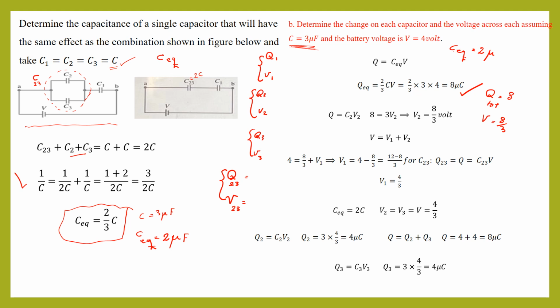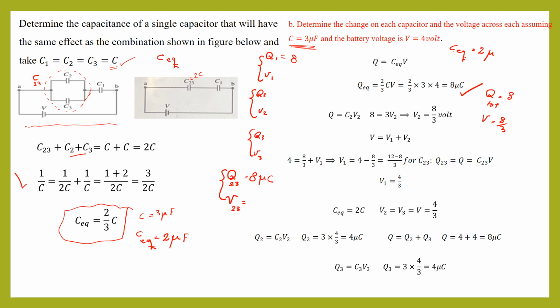Therefore, the total charge equals the charge of Q1, that is 8. It also equals the charge on Q23. In fact, the charge of the capacitance indicated by the index 23 is 8 microcoulomb.